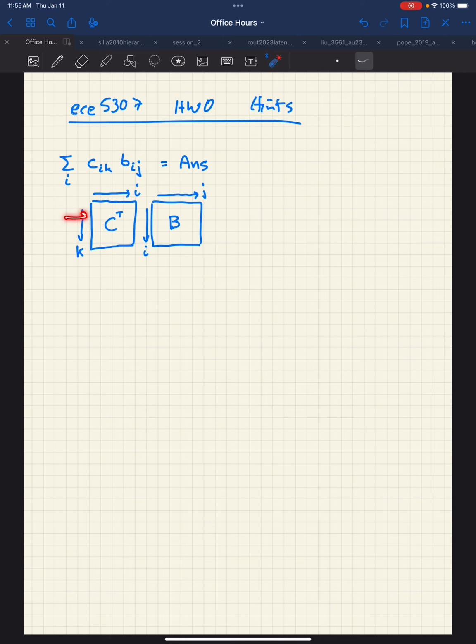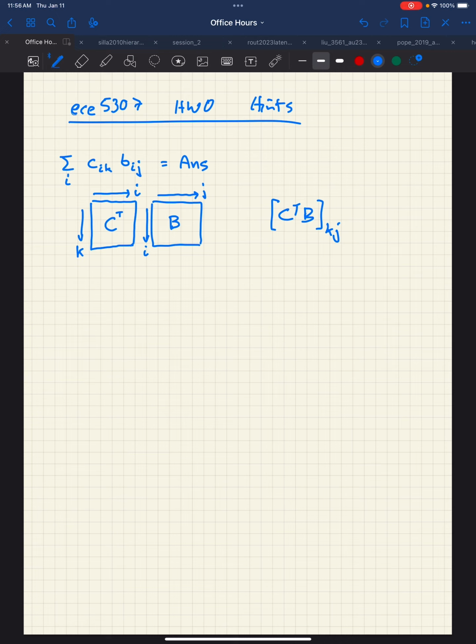K is going to tell us which row of this matrix we're looking at, and J is telling us which column we're looking at. So putting this all together, we have the matrix C transpose B, right? That is a single matrix. And we are now going to be looking at row K, column J of that.